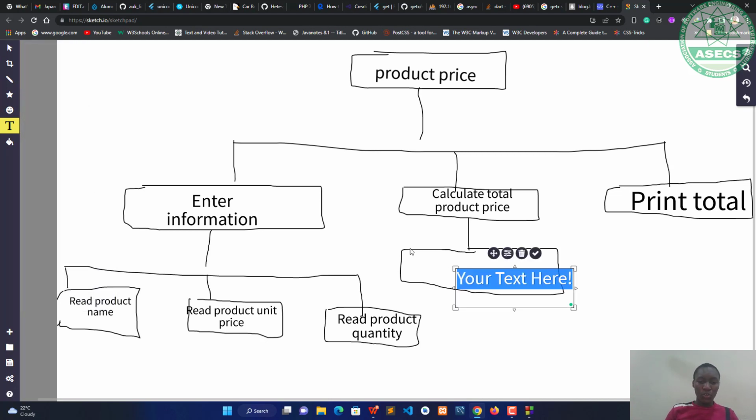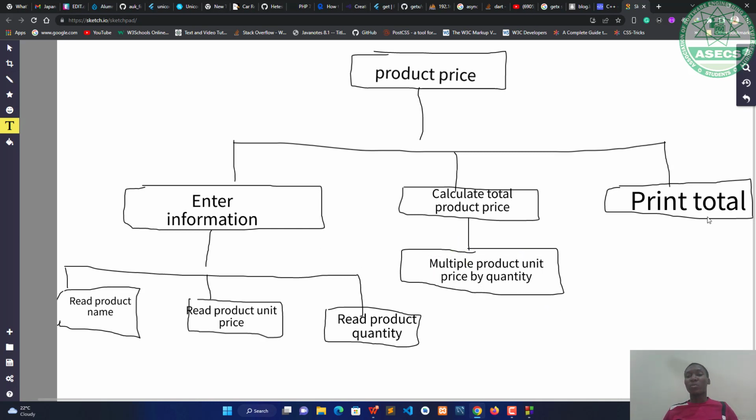So you should multiply what? Product unit price by quantity. Then we get the total, right? Then we print this total. So this is the JSP graph of this problem.